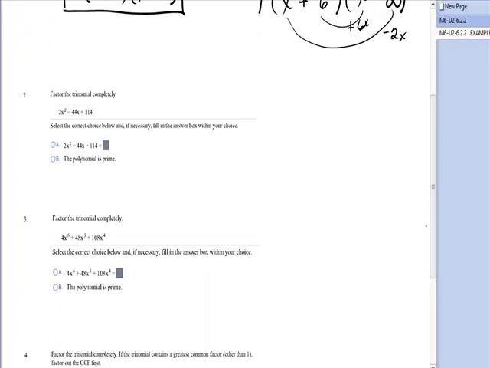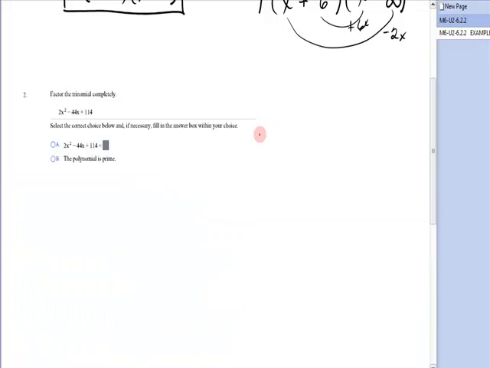All right, let's look at number 2. I have 2x squared minus 44x plus 114. Looking at all those, common factor. You need to really work on training yourself to look for a common factor. The common factor is 2.